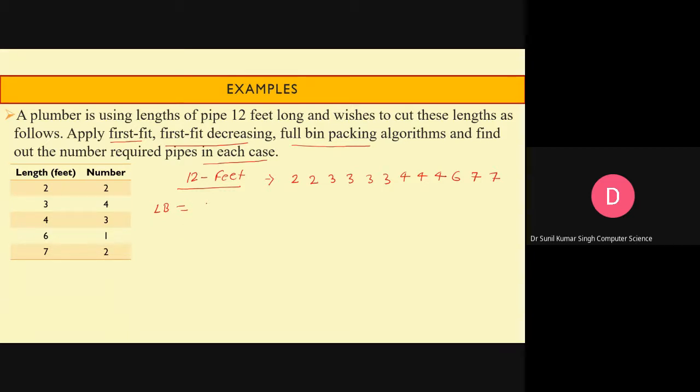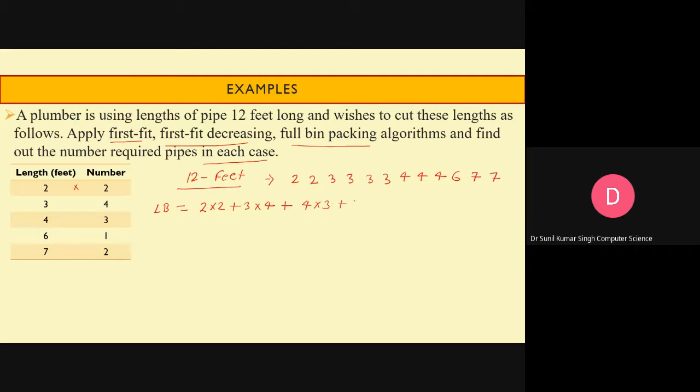So let's calculate it. 2 into 2, plus 3 into 4, because 4 pieces of 3 feet length pipe are required. So 3 into 4 plus 4 feet length, 3 in number, so 4 into 3.